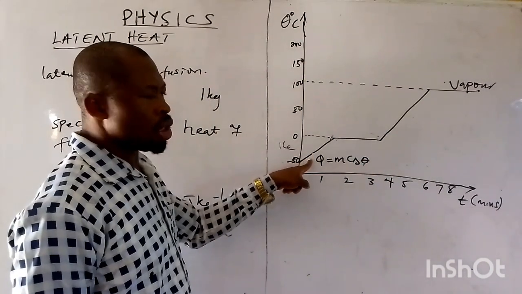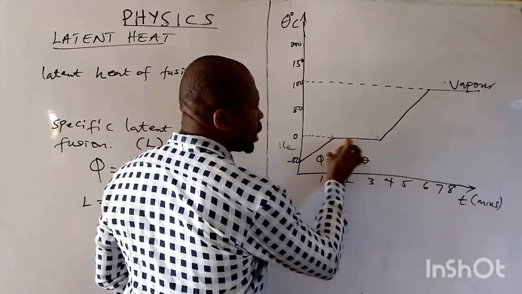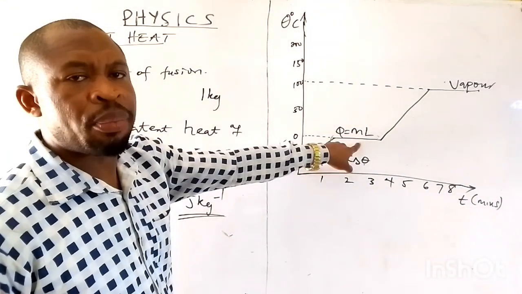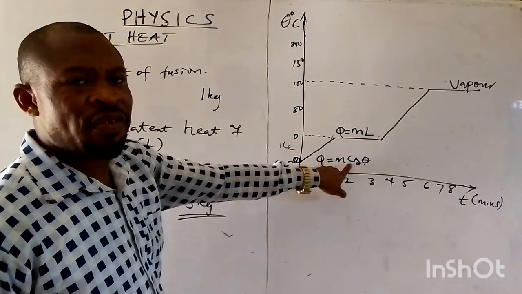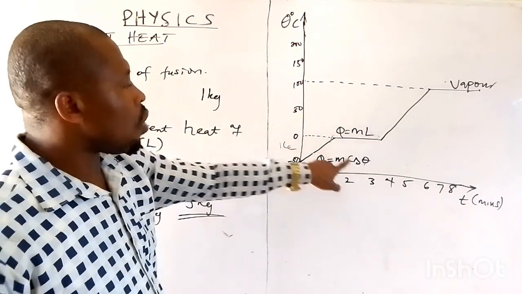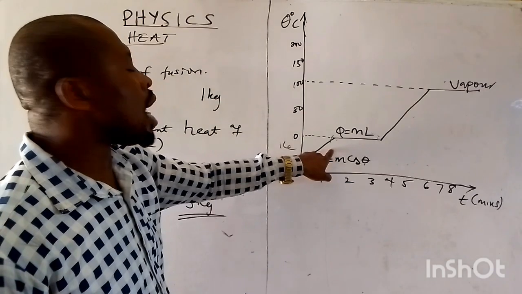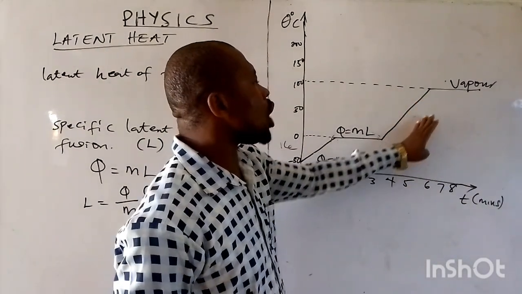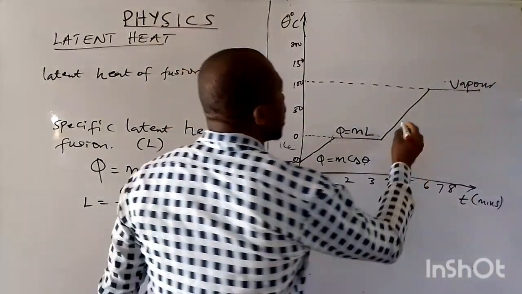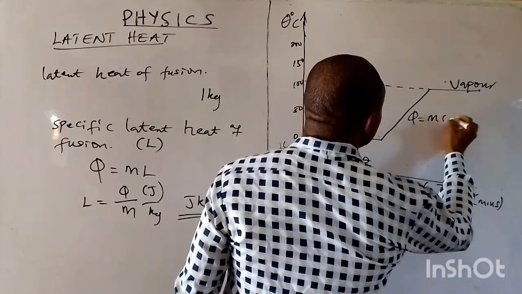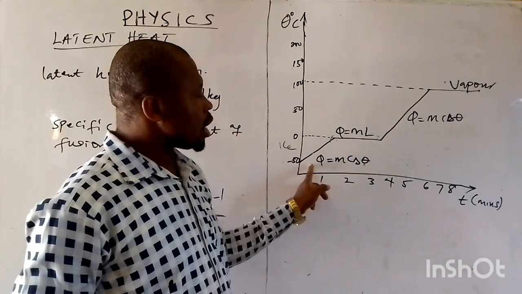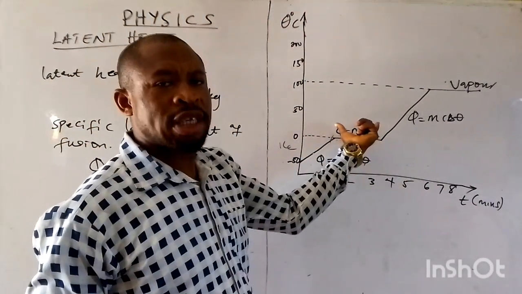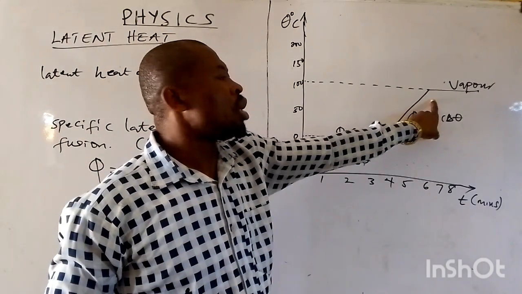C here is the specific heat capacity, while delta theta is the change in temperature. At the point where there is no change in temperature, Q is ML, because the temperature is constant. We cannot use Q equals ML where the temperature rises.